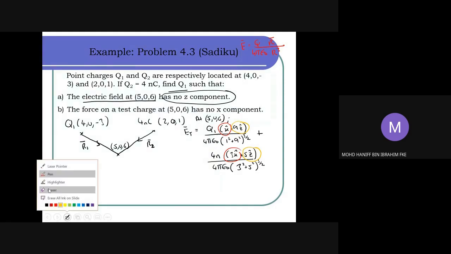But the question gives us that the E field at 506 has no Z component.